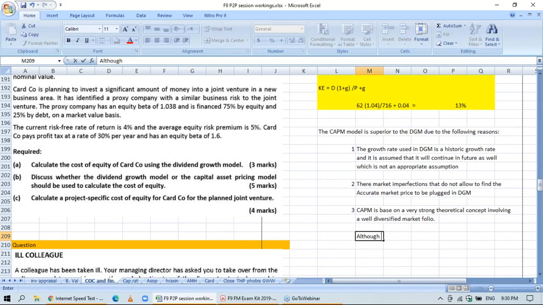But theoretically it is a sound one, although the CAPM may also sometimes not give better results due to poor estimations of the plug-in figures, like RF and RM or beta.